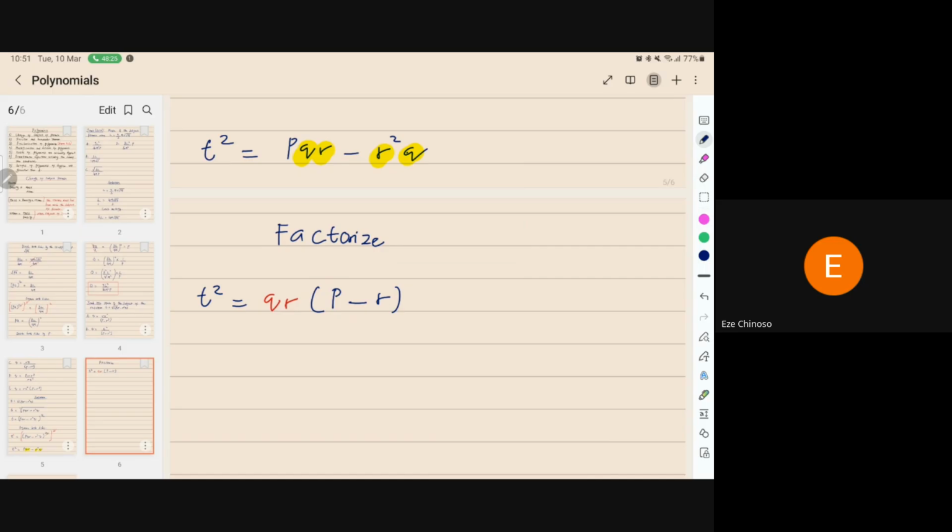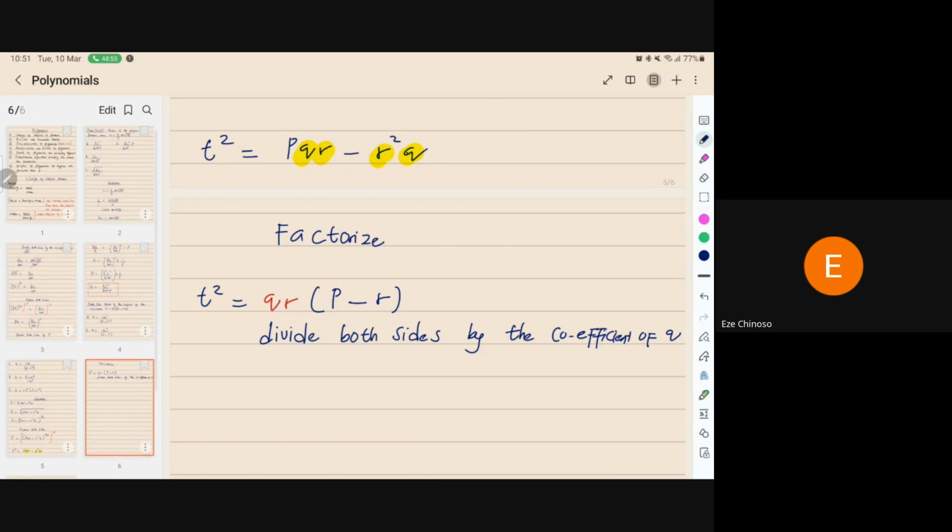But remember that our goal is that we want Q to stand alone. So we're going to divide both sides by the coefficient of Q. And eventually, when we divide both sides by the coefficient of Q, we are going to divide through by R right there.